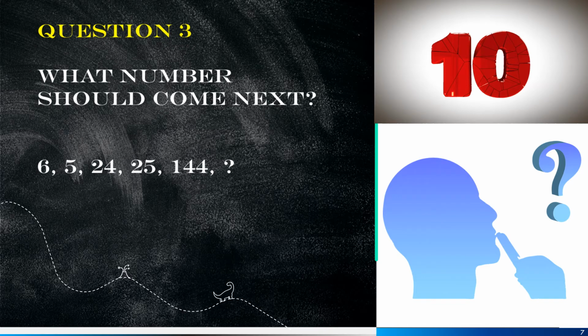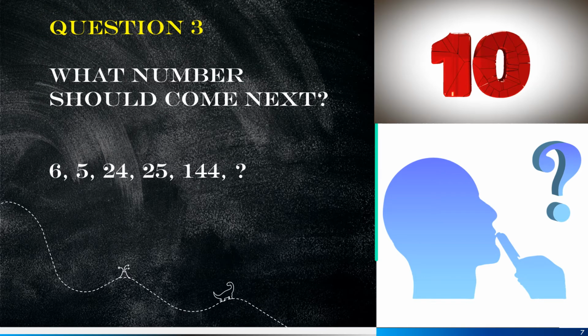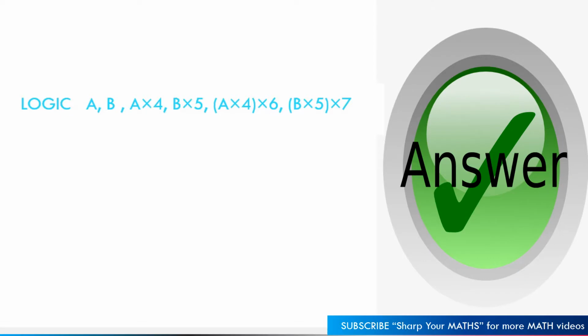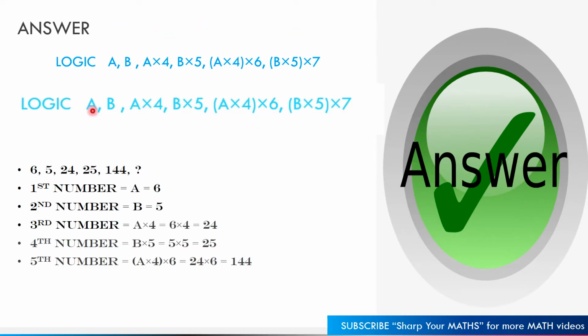Third question. Look at the series and find the number that comes next. In the series, the first term, the third term and the fifth term are connected, and the second term, fourth term and sixth term are connected.